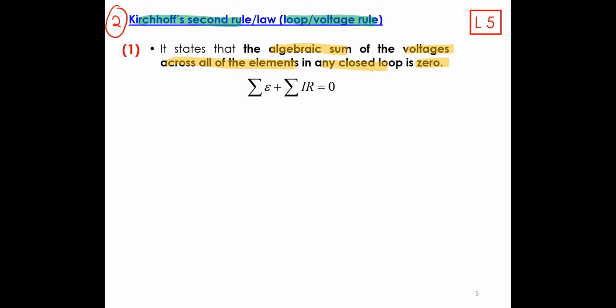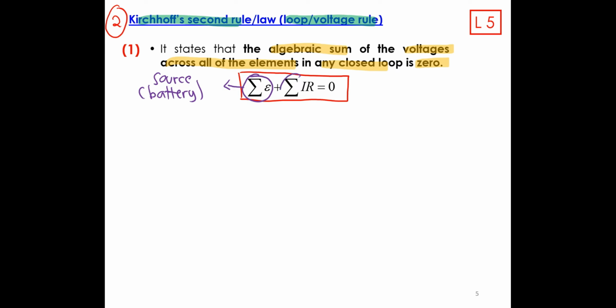In mathematical equation, the summation of EMF plus the summation of the product of current and resistance equals 0. The total EMF is about our sources, usually the battery. You can have more than one battery.